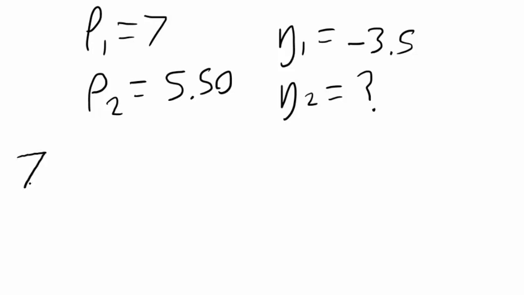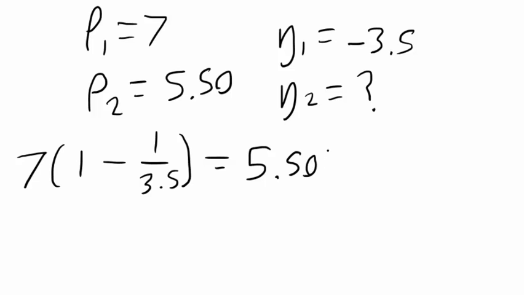So knowing what we know, we can start plugging things into that original formula. So we have 7 times the quantity of 1 minus 1 over 3.5, since that 3.5 is negative, and that is equal to 5.50 times the quantity of 1 plus 1 over the elasticity 2.